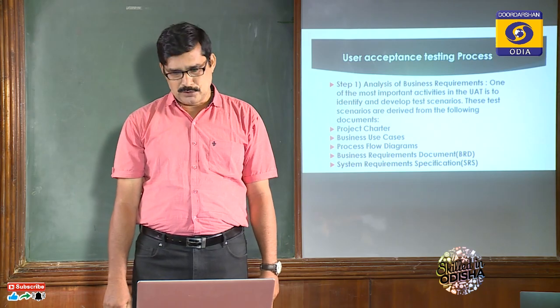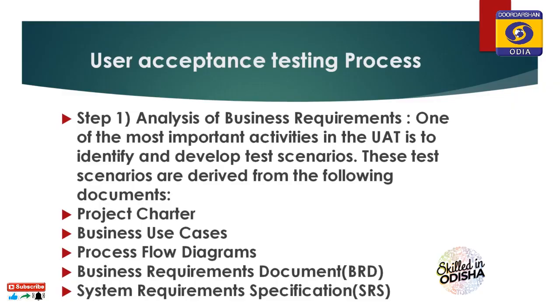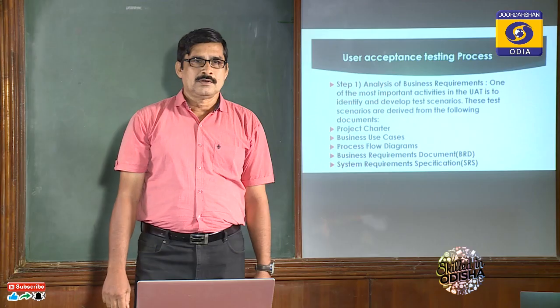Step 1, analysis of business requirements. One of the most important activities in UAT is to identify and develop test scenarios. These test scenarios are derived from the following documents. What does it mean?